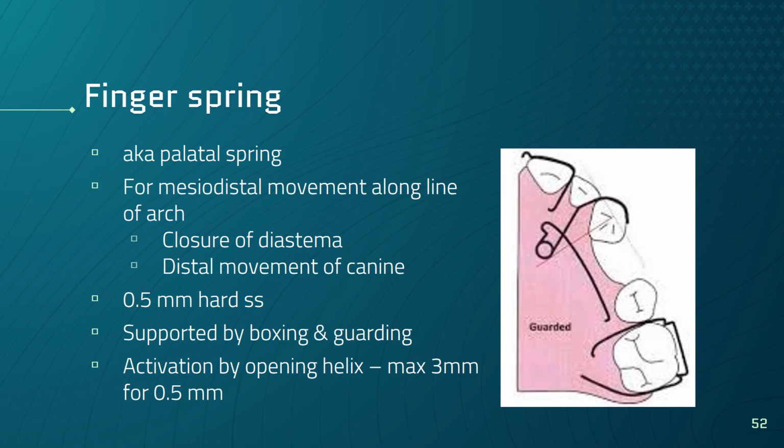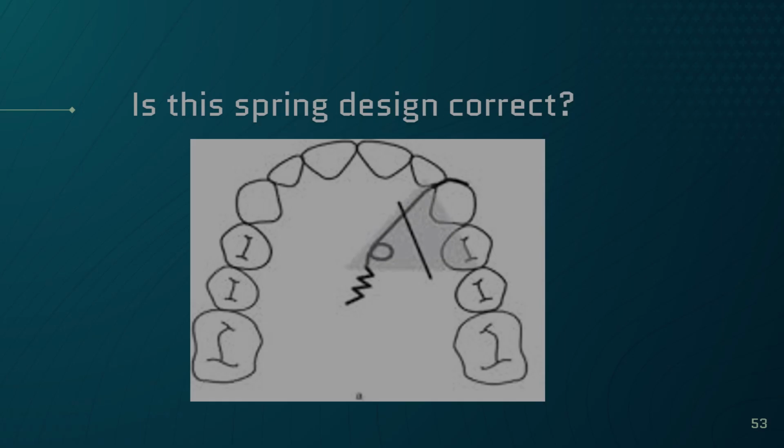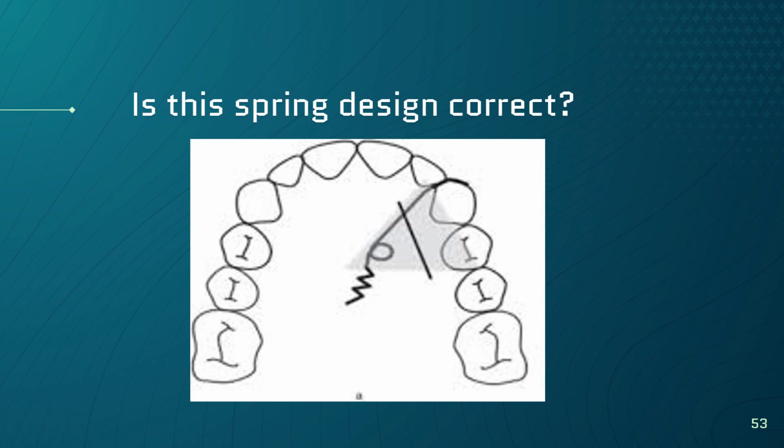Now, it should be supported by boxing and guarding, and the activation of the spring is done by opening the helix maximum 3 millimeters for a 0.5 millimeter wire. Now, is this spring design correct? What is wrong with it?